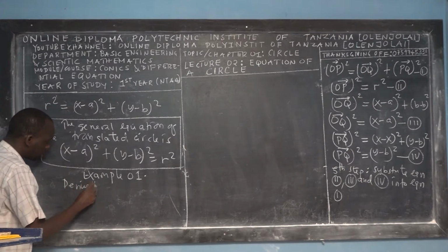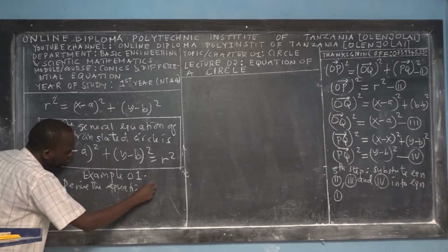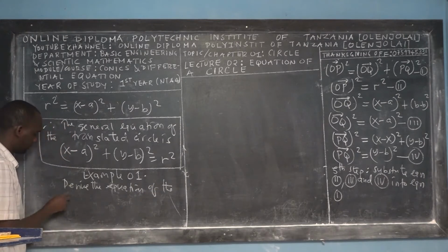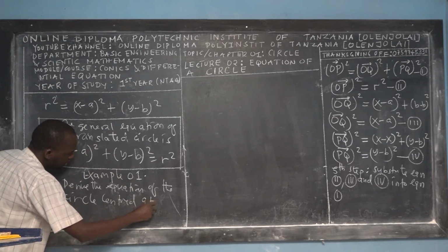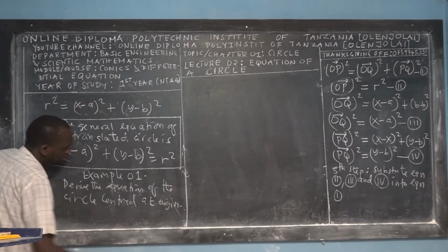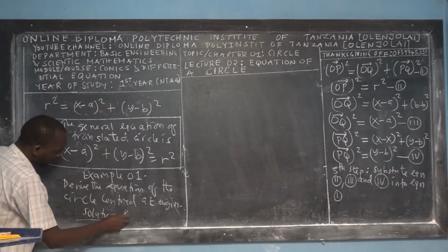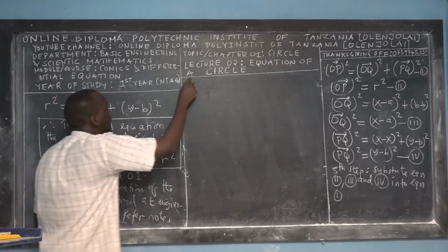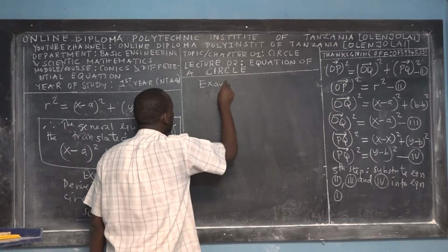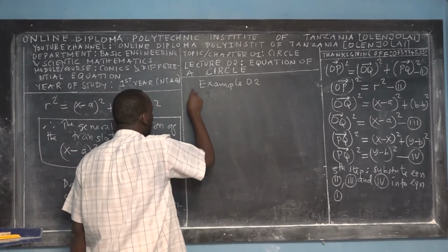Derive, with the aid of a diagram, the equation of the circle centered at the origin. Solution of this, refer to my notes.